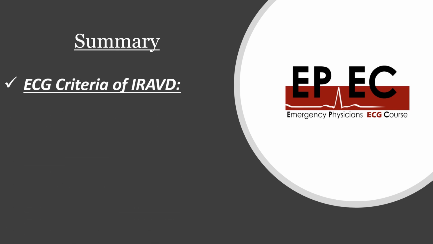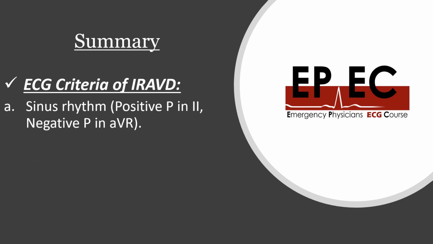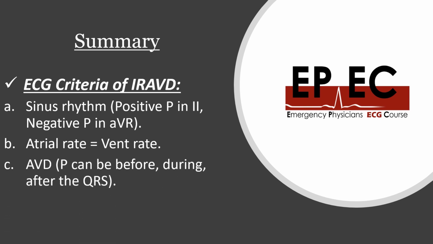The ECG criteria to diagnose isorhythmic AV dissociation are sinus rhythm, which means P waves in lead 2 that are positive and negative P waves in AVR. Atrial rate is equivalent to the ventricular rate, but with AV dissociation. So the P waves can be just before, during, or just after the QRS complex.